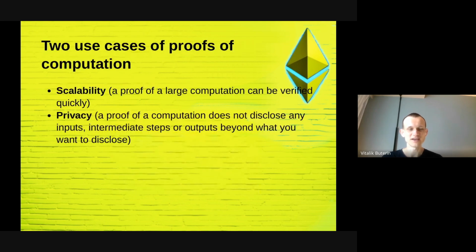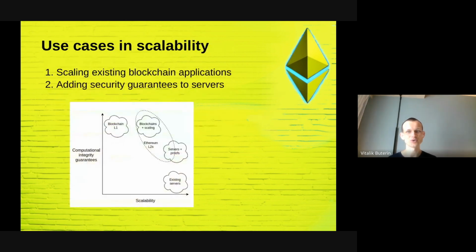It has two big use cases. So, scalability, a proof of a large computation can be verified quickly, and privacy. So, you only reveal what you want to reveal. Now, what does this actually mean for people building with this stuff?